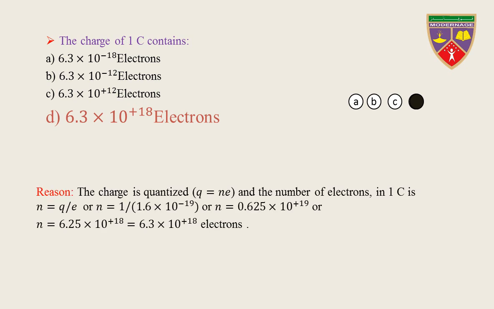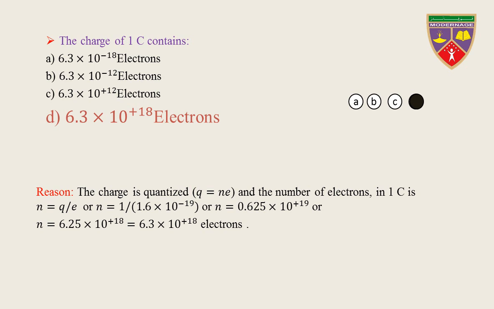Reason: the charge is quantized, Q is equal to Ne, and the number of electrons in 1 coulomb is N is equal to Q divided by E, or N is equal to 1 divided by 1.6 into 10 power minus 19.